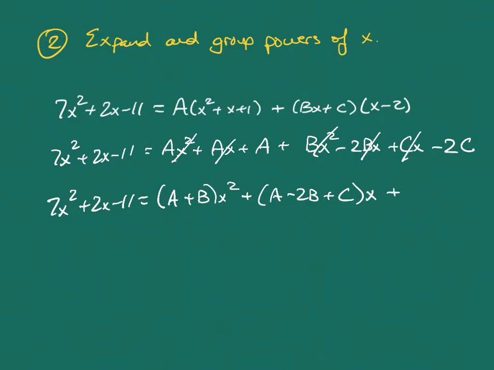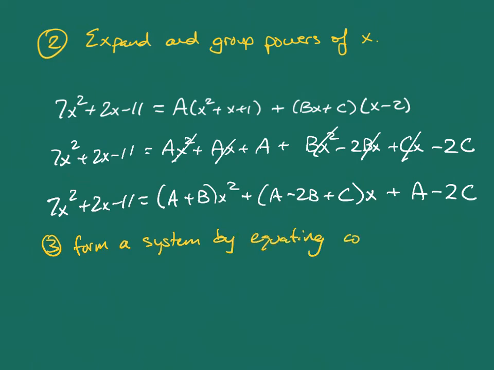And then finally, for our constant, we've got a minus 2c. And so what we do now is we start equating coefficients. So our third step is to form a system by equating coefficients.